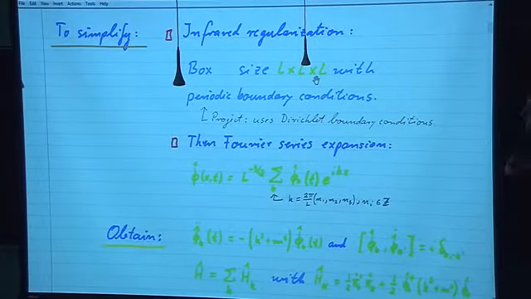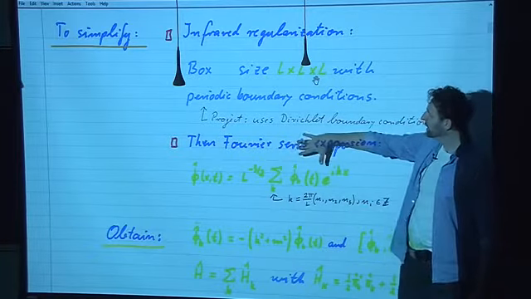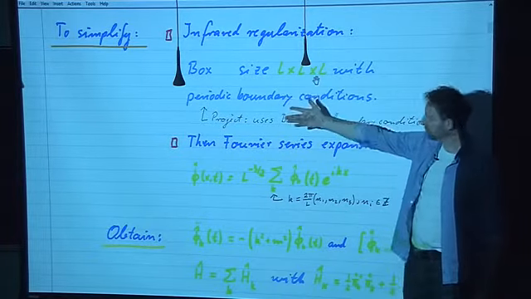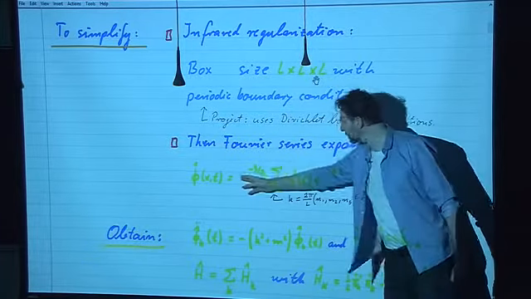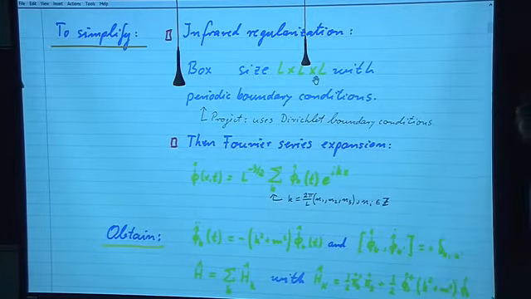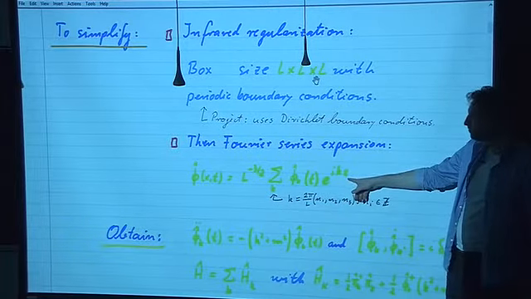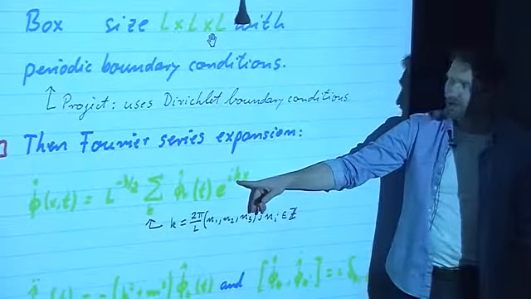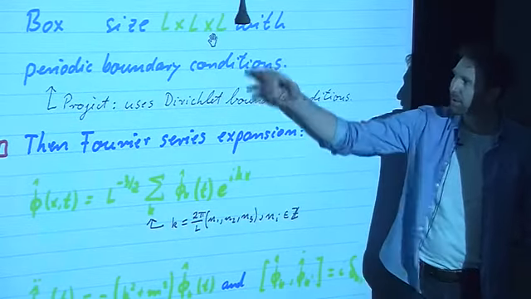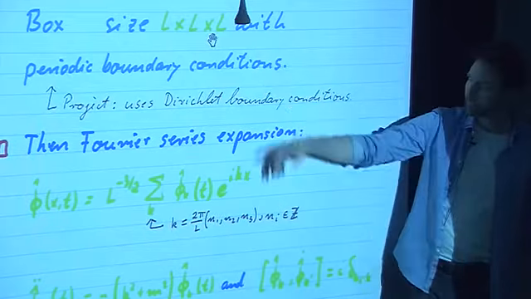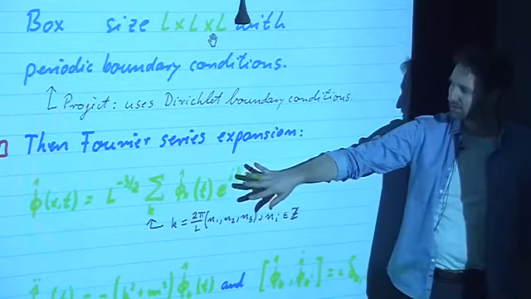If we do impose periodic boundary conditions, then the Fourier transform becomes, in the box, a Fourier series. And this is the Fourier series expansion, where the expansion functions are e to the power i k x. And the k values cannot take just any values, but they have to be such that the periodic boundary conditions are obeyed. And that is what discretizes the k values. So momentum space becomes discrete.